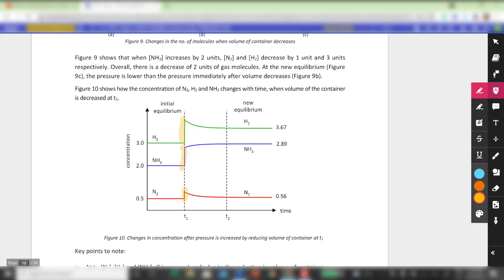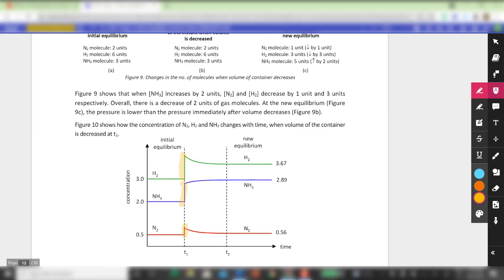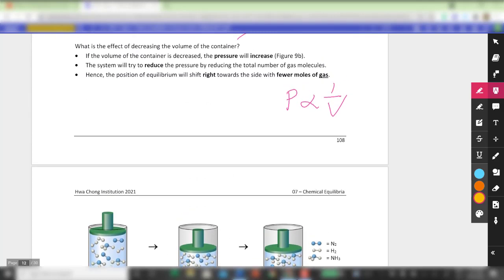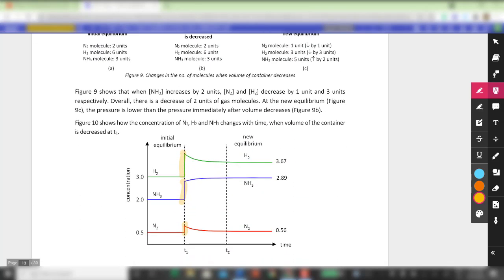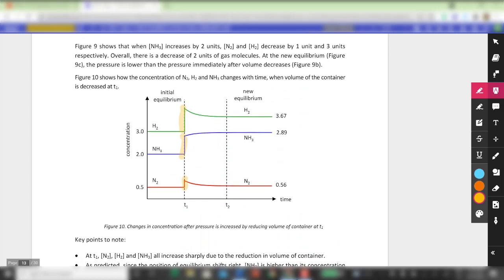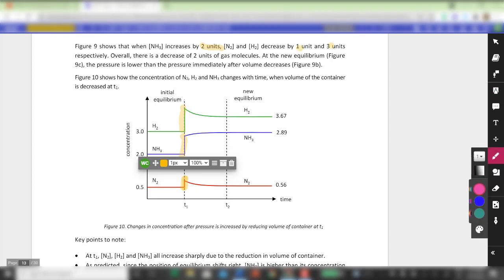But you need to be aware that the increase in concentration is stoichiometric ratio dependent. If you look at your Haber process, the ratio is 1, 3, 2, so the concentrations will change by the corresponding units, and this has to be reflected in your graph. Please take note of this.